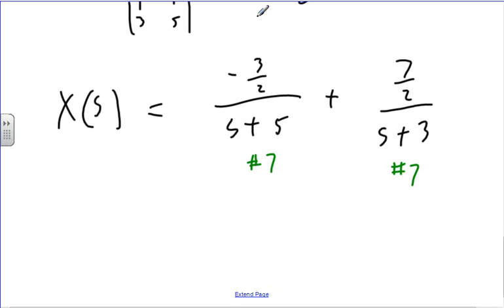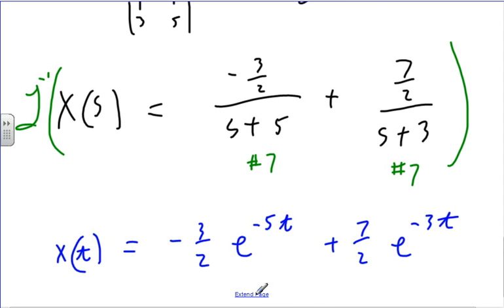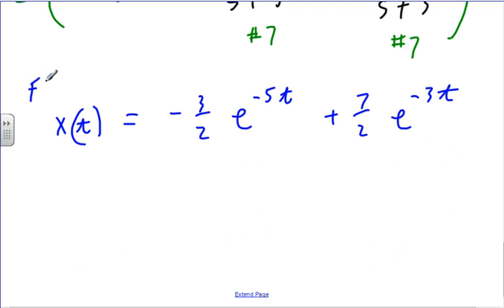And I now take an inverse Laplace transform of the whole thing, and I end up with x of t equal to minus 3 over 2 e to the minus 5t plus 7 over 2 e to the minus 3t. Okay, so that's my final answer. Now I go into a checking mode.